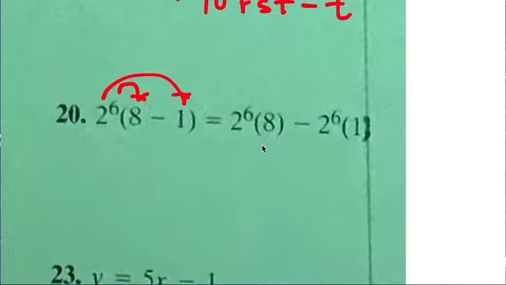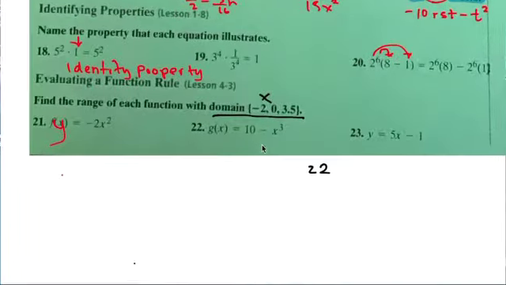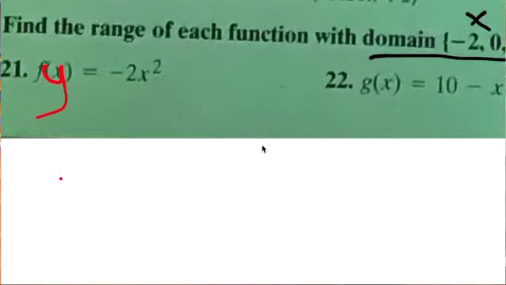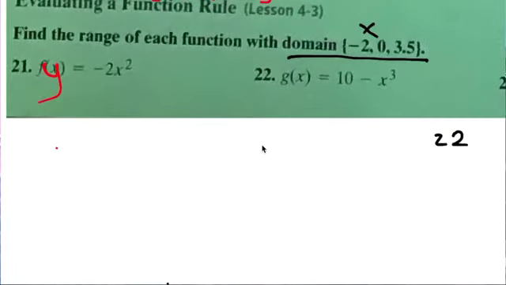Distributive property, right? That's distributive property. Now this one I started in class. We did -2, so now you need to put in 0 to find y. If x is 0, find y.